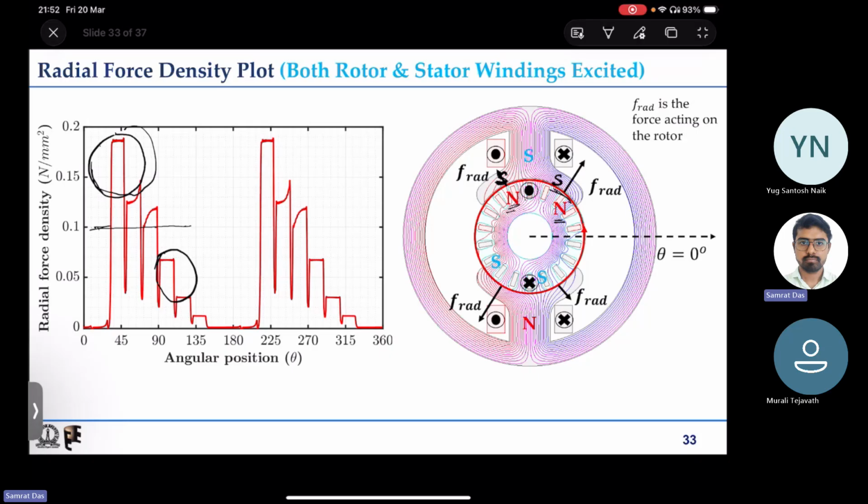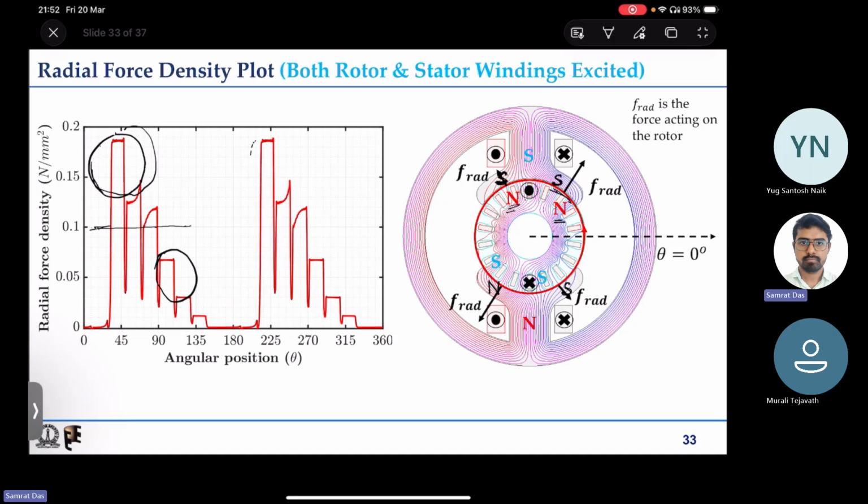That same thing holds here also. Here you have a very strong stator north pole and a very weak stator south pole, but the rotor south poles are approximately of equal strength. So one side gets pulled with higher force, whereas the other side gets pulled by lower force.